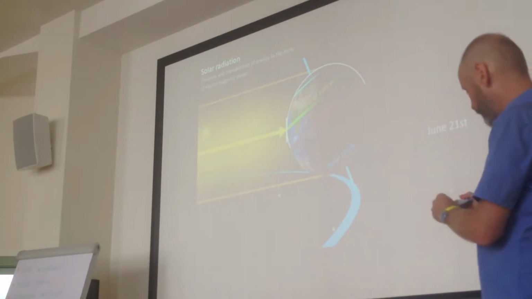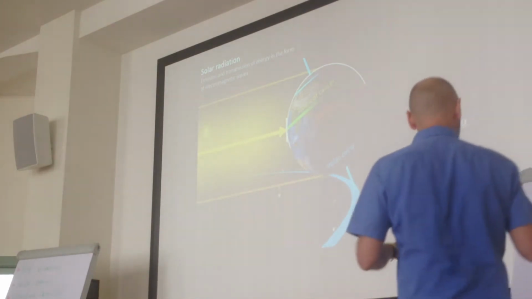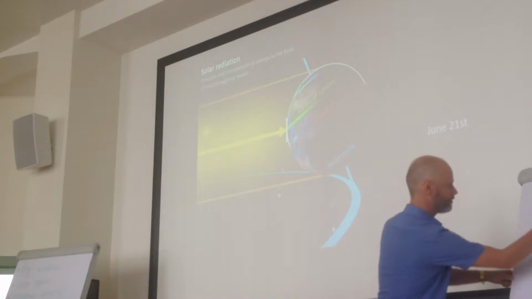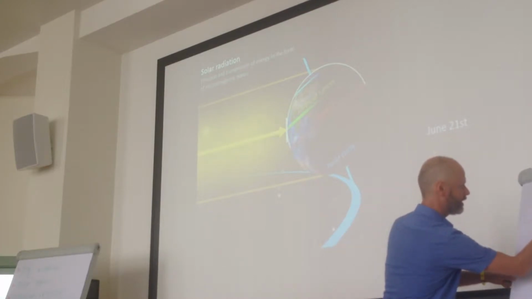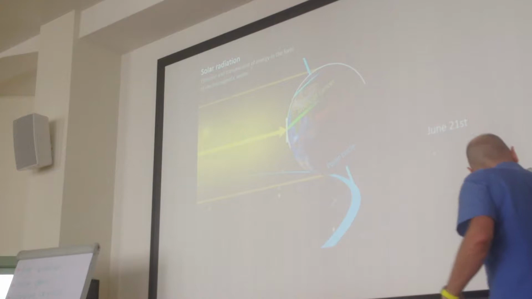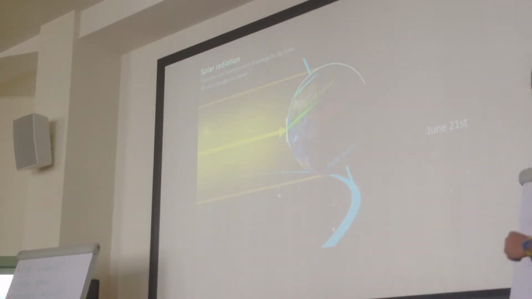Yeah? And if we now want to quantify the incoming energy here, let's name this location x, it is the solar constant, E0, times the sinus of the angle of incidence.